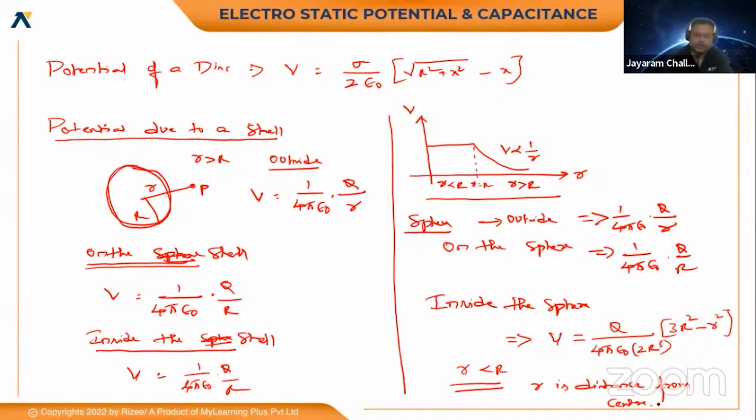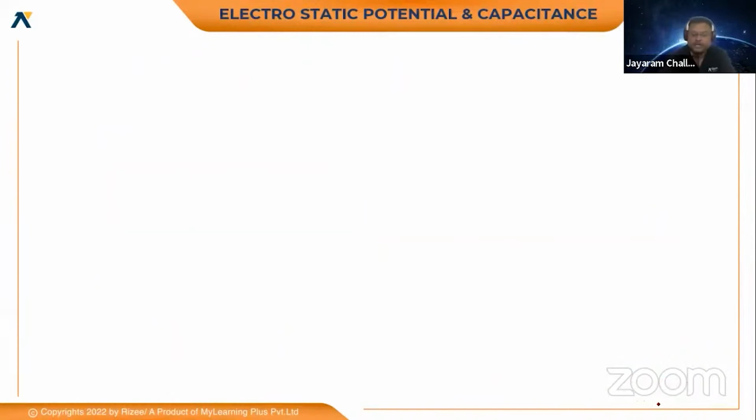Okay, so what do you mean by the potential gradient? Potential gradient, or the relation between field and potential.